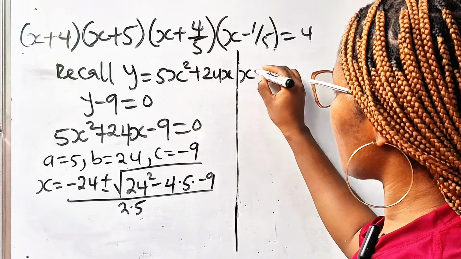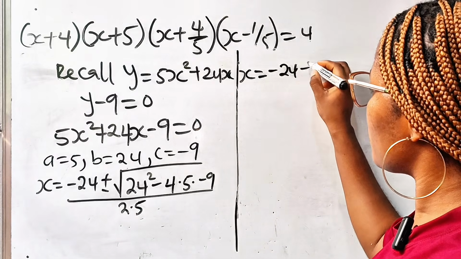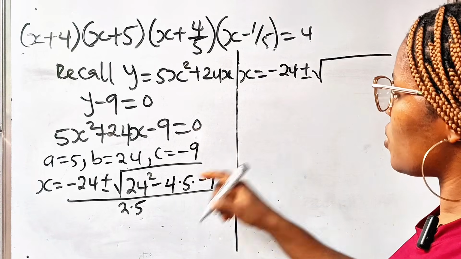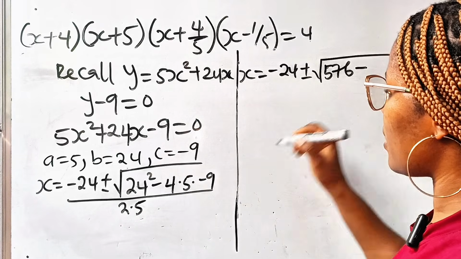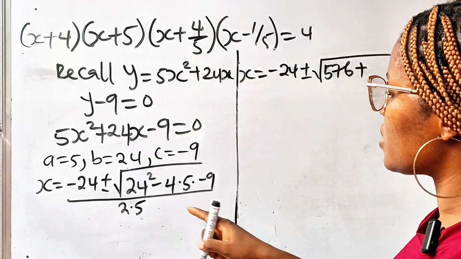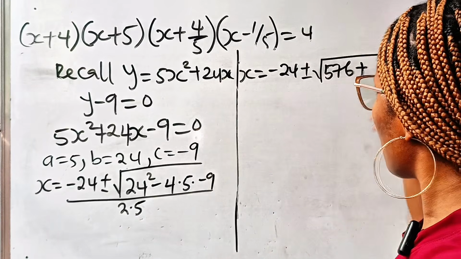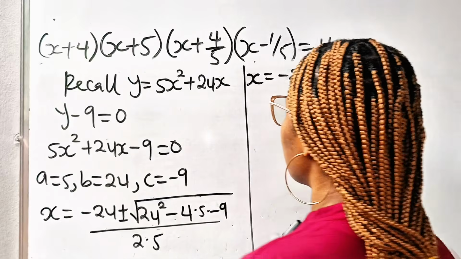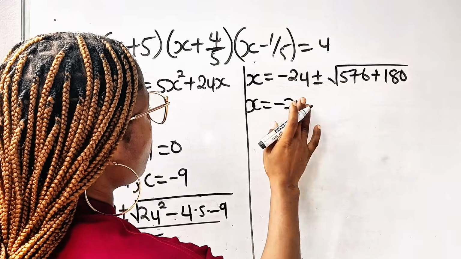So we're going to have x is equal to minus 24 plus or minus square root of, we got this 576, right? 576 minus is already plus. 4 times 5 is 20. 20 times 9 is 180. Now, x is equal to minus 24. Oh, sorry.